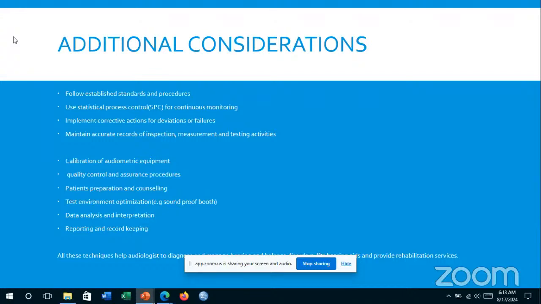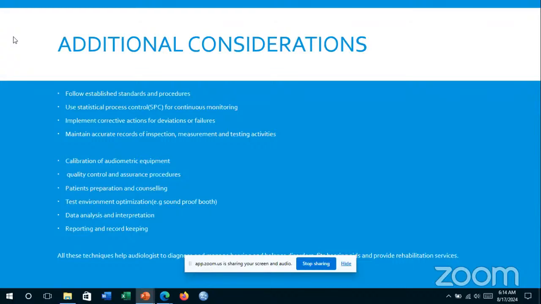When you are preparing your patient, you just have to explain testing procedures and purposes clearly. Let's be sure that the patient understands the instructions. Ensure patient comfort and relaxation. Then minimize distractions around the test environment. And as well prepare necessary equipment and materials for the patient.